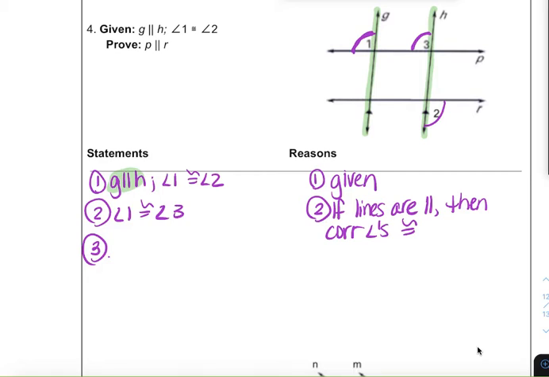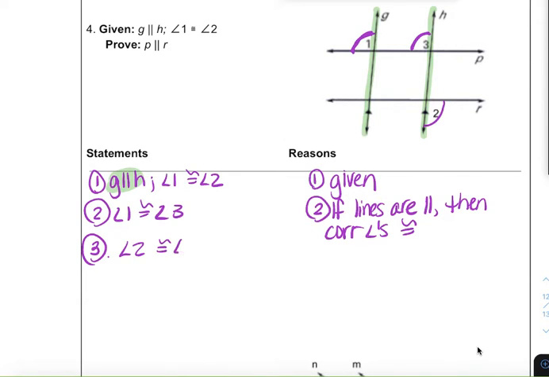Now your impulse is going to go straight to this. You'll say angle 2 is congruent to angle 3, but you'll have the wrong reason. You'll say something about alternate exterior angles here. And they are alternate exterior angles, but that's not why I know that 2 is congruent to 3.